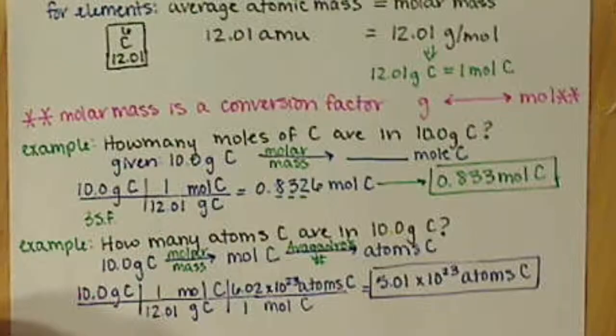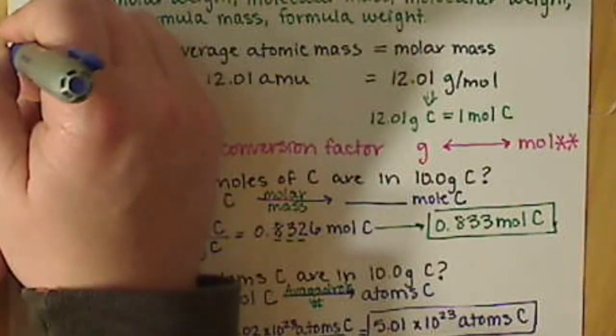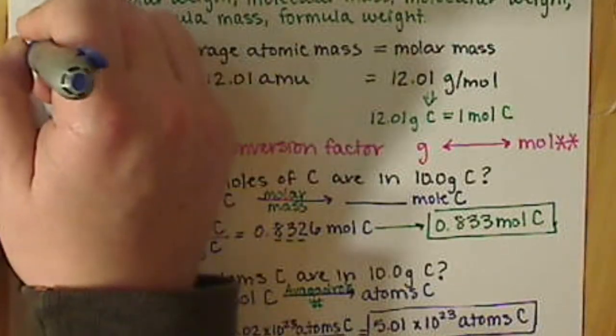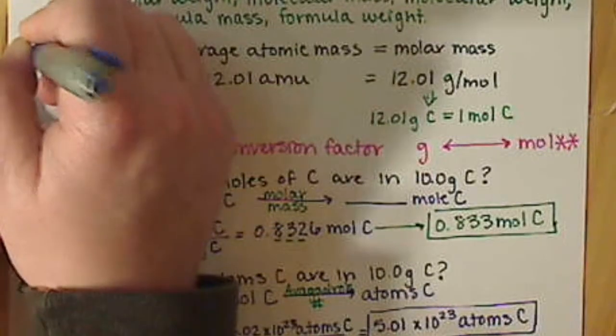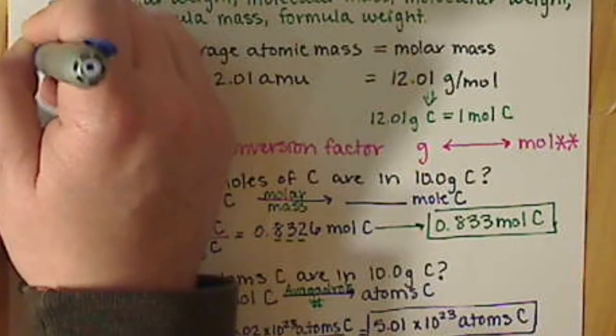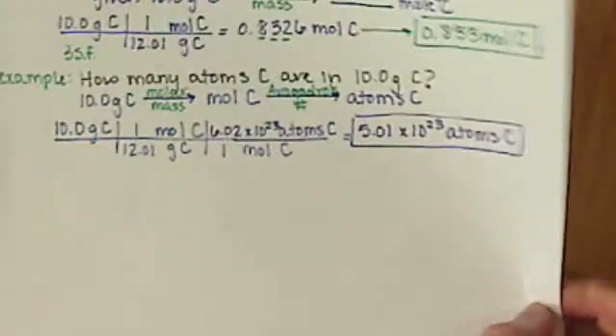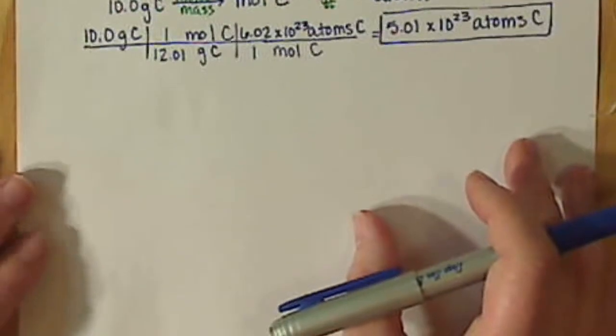So that was kind of talking about elements. So we are looking at elements, how to calculate their molar mass. Elements are exciting, but much more exciting for us is talking about compounds. So let's talk about molar mass in terms of compounds.